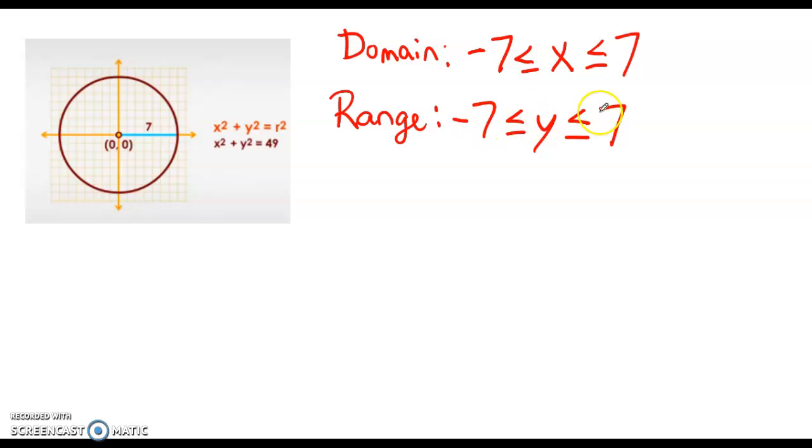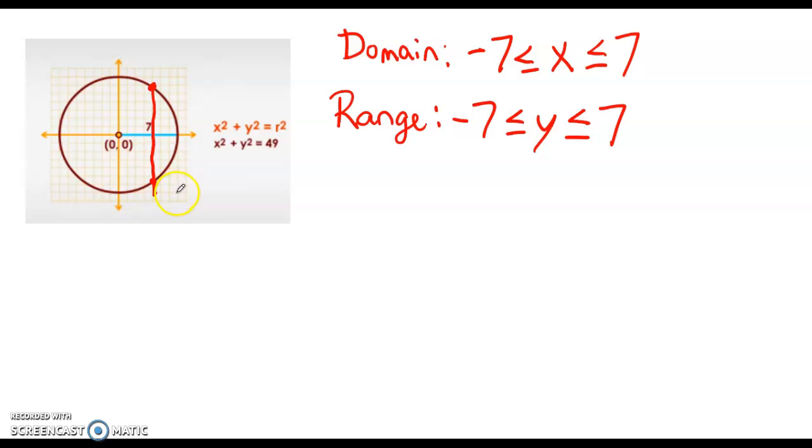That is my range of my y values, and the domain is my range of my x values. We know that this is not a function because, again, if I were to draw a vertical line anywhere inside this graph, I'm going to hit 2 points on my graph, and this tells me it is not a function because it does not pass the vertical line test.